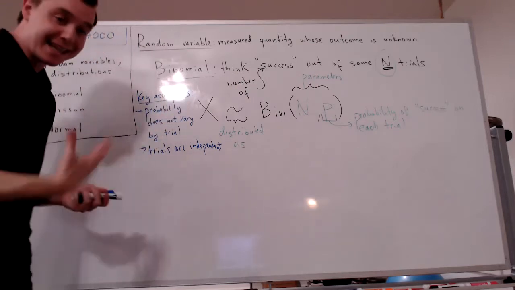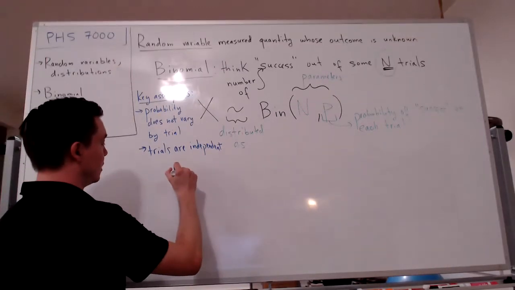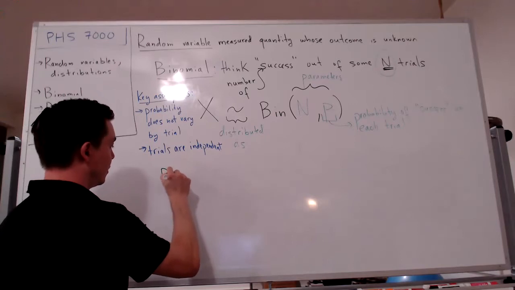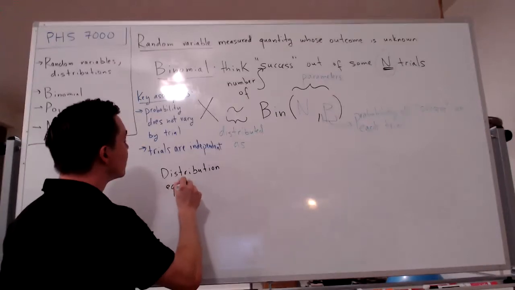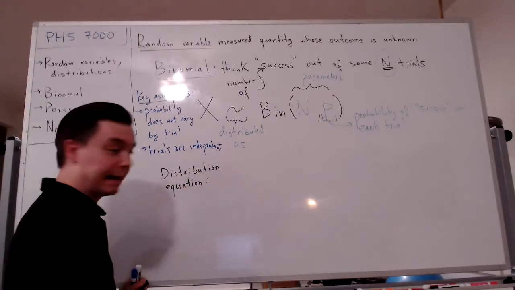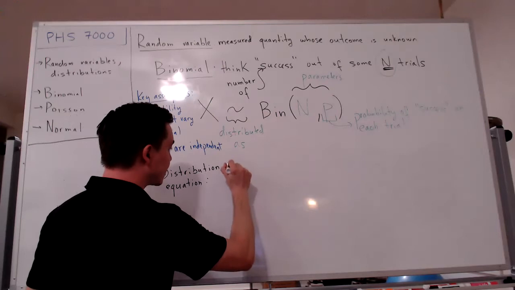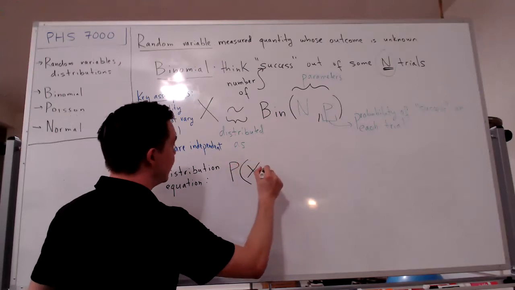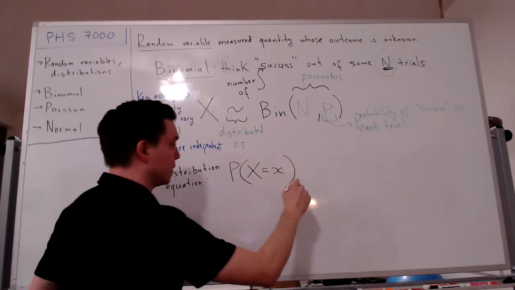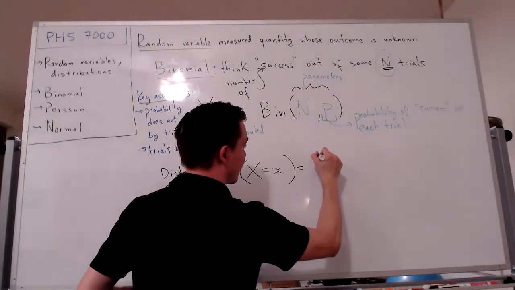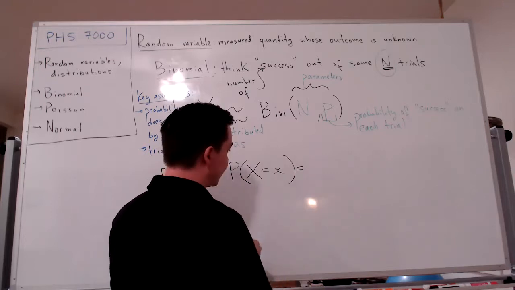First of all, because it's a named distribution, we know the equation. So here is the distribution equation of the binomial. What it shows us is the probability that my variable is equal to a given exact value. I'm going to color code: my parameters are going to be green.